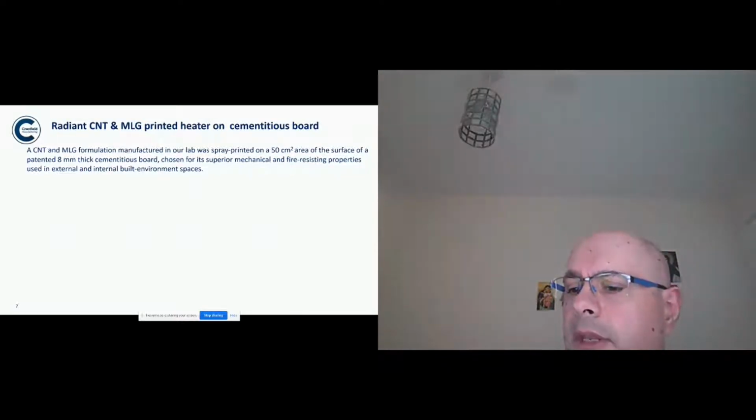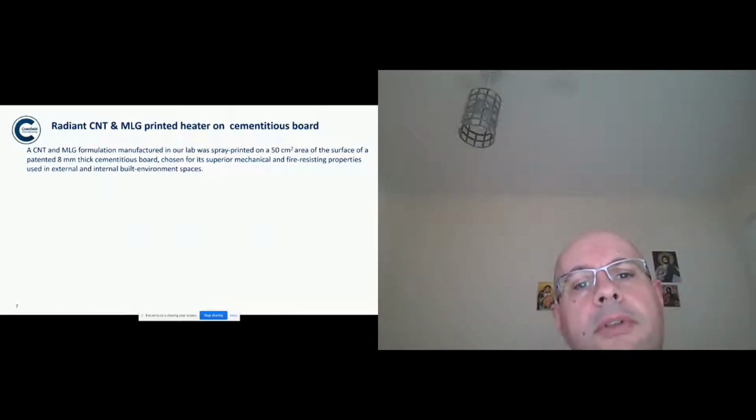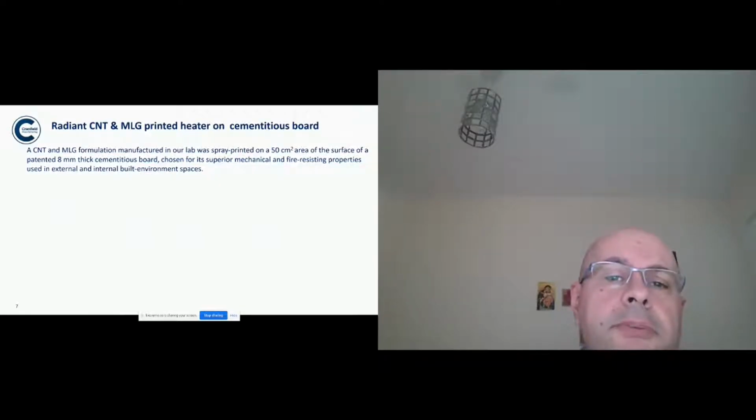We all know of the cladding fires of Grenfell Tower in London. The combustible materials used on those spaces don't lend themselves to a built environment. So this board was chosen for these specific properties.